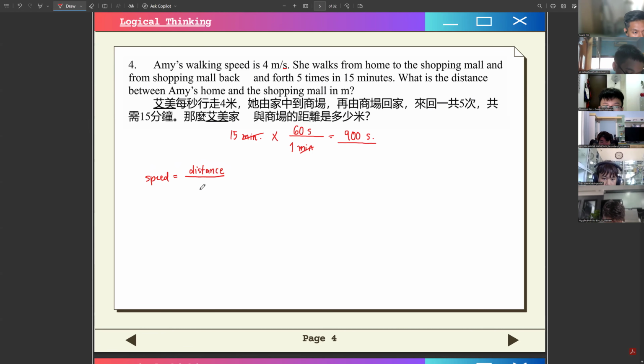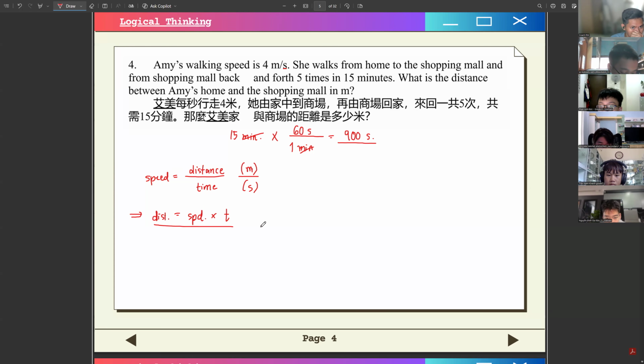Speed is distance over time. For example, the SI unit of distance is meters. For the time, it's seconds. So as you can see, speed is in meters per second, right? So that makes sense. If you want to get the distance, you just rearrange the formula. Distance is equal to speed times time, right? If you multiply time on both sides of the equation, then you get this form.